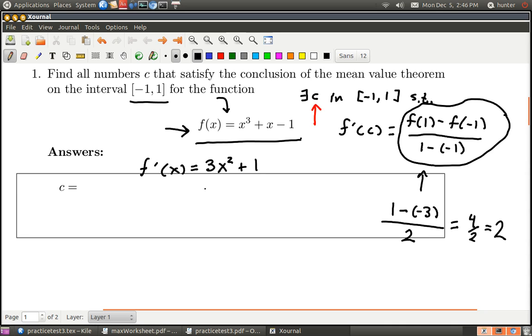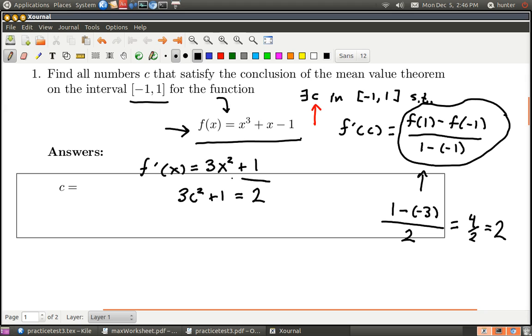Okay, so what we want to do here is find a c so that 3c squared plus 1 is equal to 2. So now if I solve this equation, I'm done. If you want to leave this as x instead of changing it to c, that's okay. But since I've already written c there, let me just solve this.